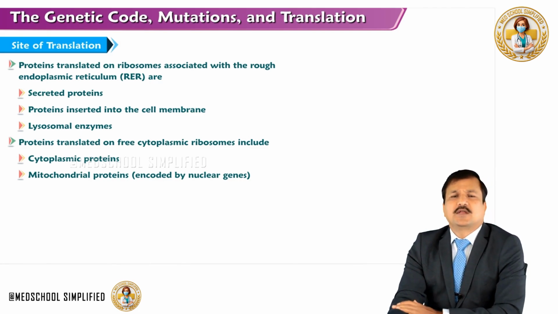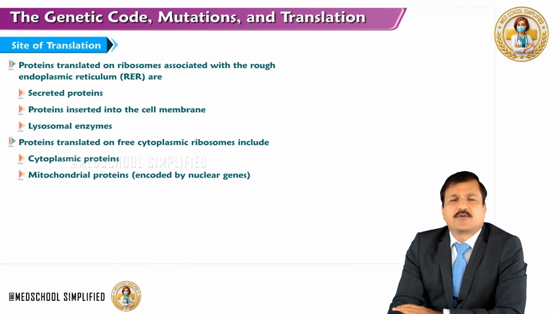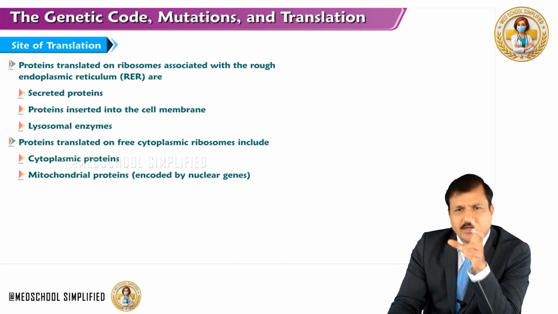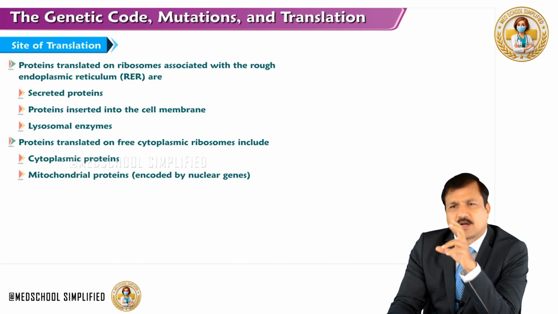Translation can occur in free ribosomes or on the rough endoplasmic reticulum. Although all translation of eukaryotic nuclear genes begins on ribosomes free in the cytoplasm, the protein being translated may belong to another location.